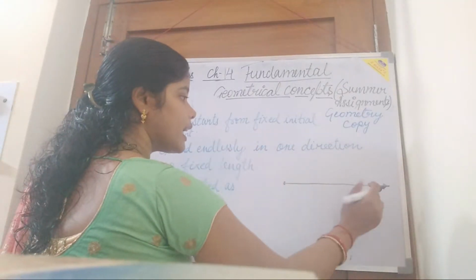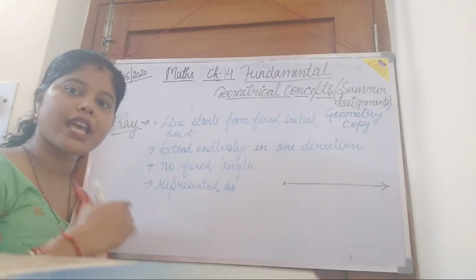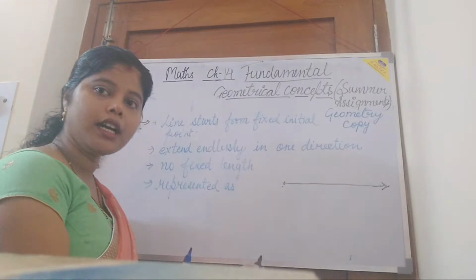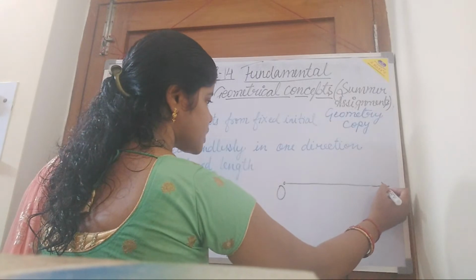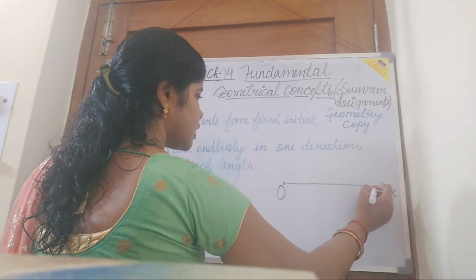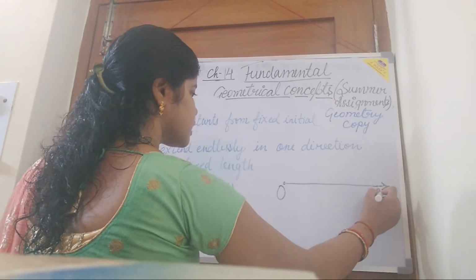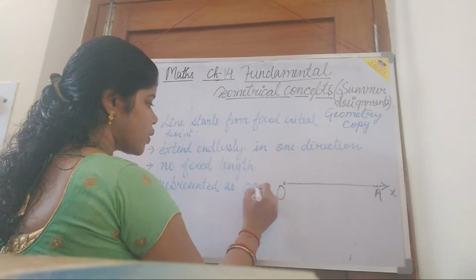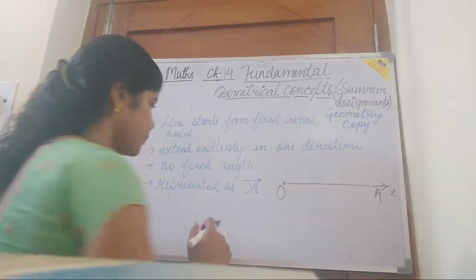The arrow indicates that it extends infinitely. This initial point is always denoted by a capital letter O, and here you mark another point A to represent this ray. You write ray OA, which extends endlessly.